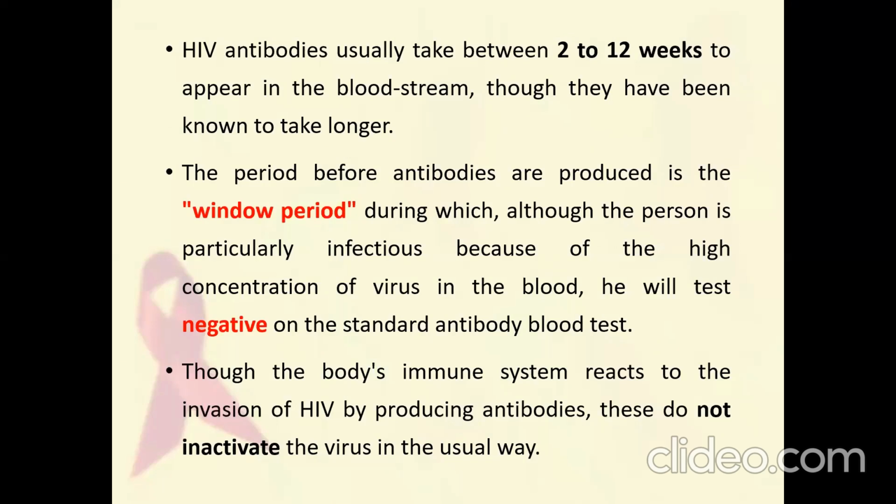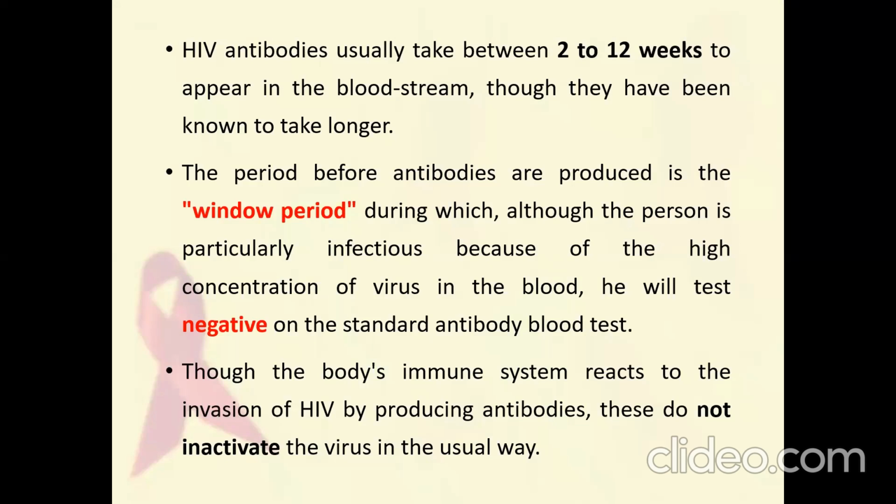So during the window period, even though he is infected, he will test negative on the antibody blood test, because these antibodies usually take 2 to 12 weeks or more to form.